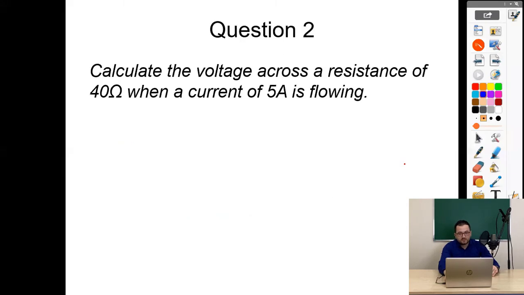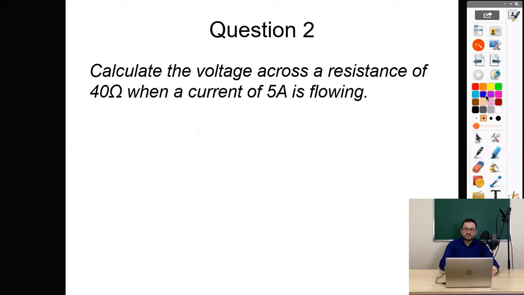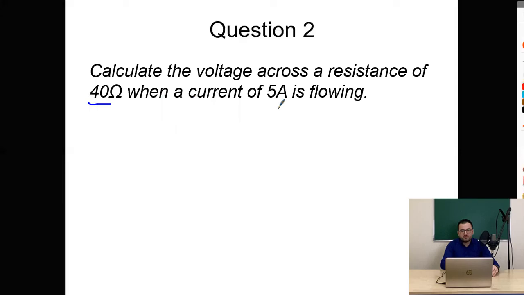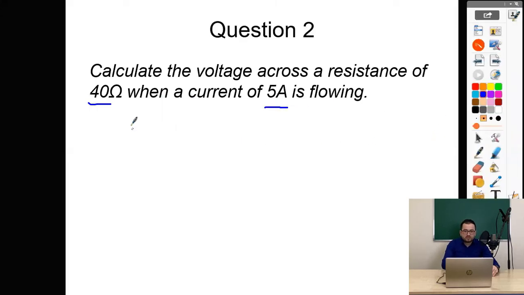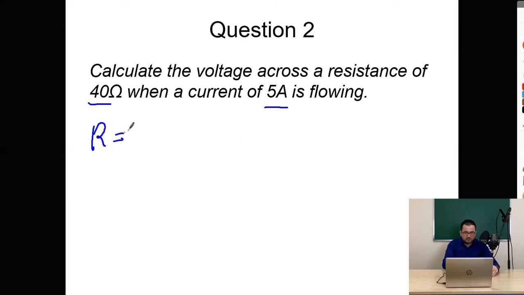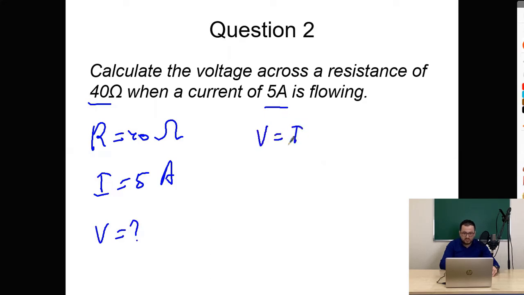Second question: calculate the voltage across a resistance of 40 ohms when a current of 5 amps is flowing. Resistance equals 40 ohms and current equals 5 amps, and we need to find voltage. First write the given variables, then use this formula: voltage equals current times resistance.